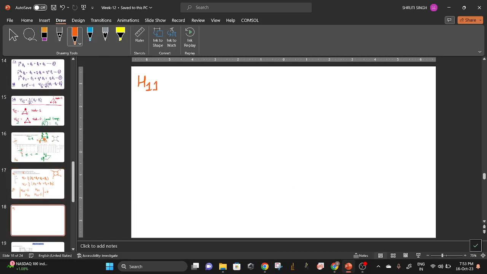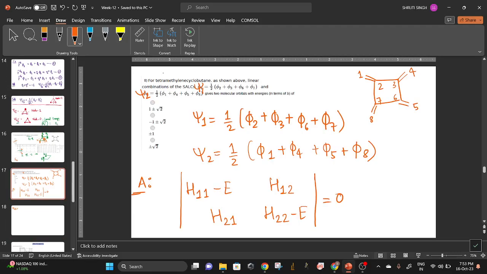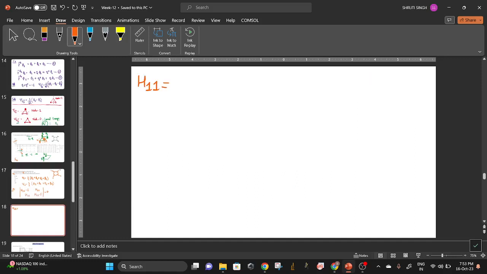Now H11 is defined as 1, meaning we need to multiply the integral of this with H. So it will be 1 by 2 into 1 by 2 will be 1 by 4. Then integral, this is H11. Now psi 1 is equal to 2 plus 3 plus 6 plus 7.